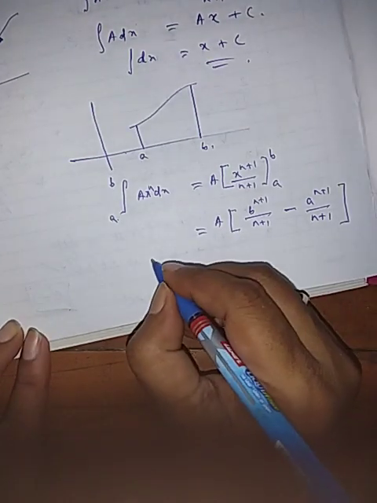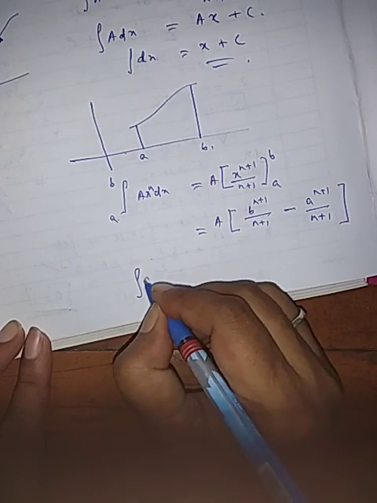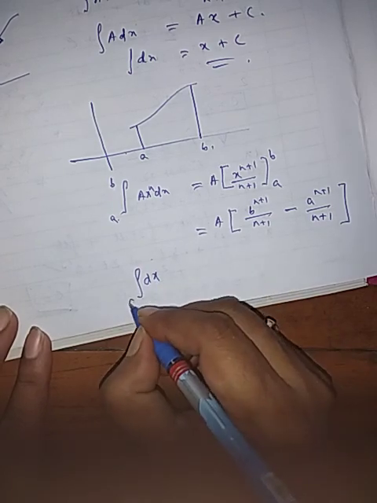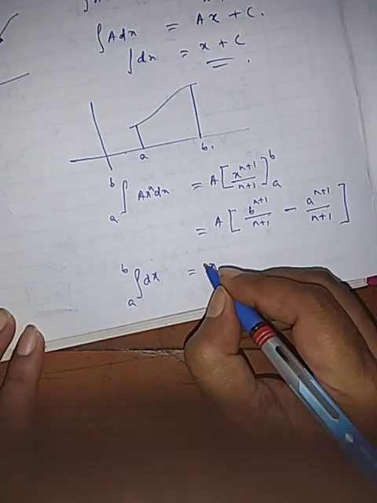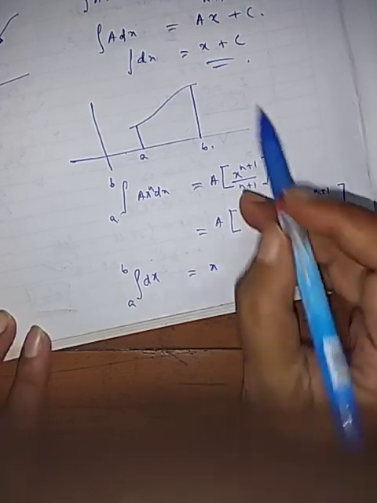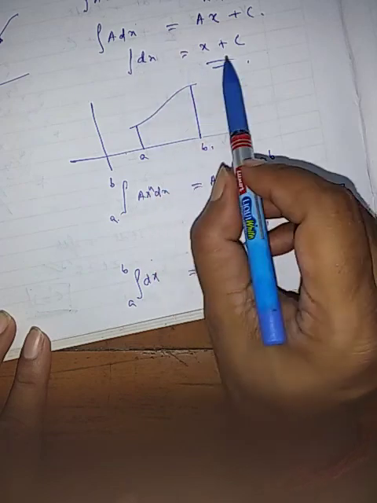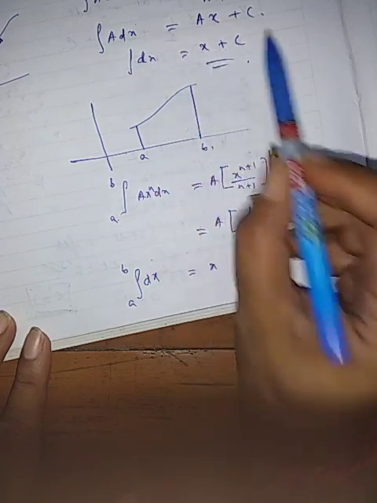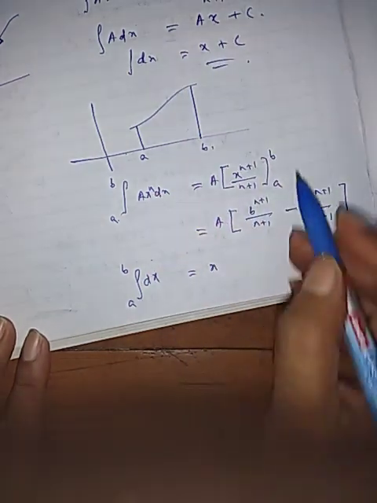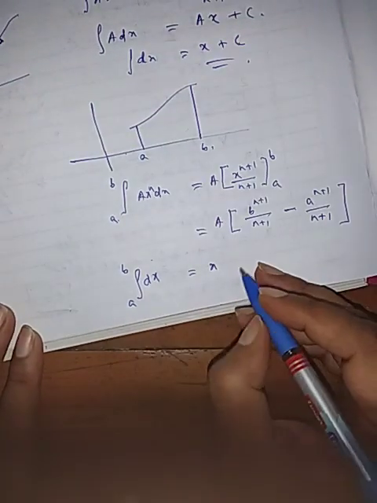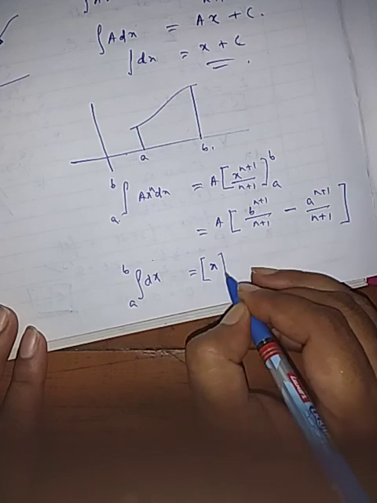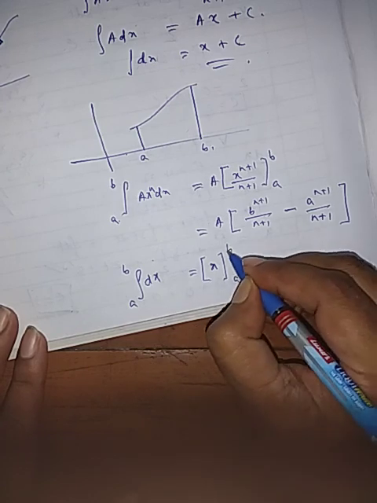One more example, if dx is integrated from a to b, the integration of dx is x. You can see here, integration of dx is x plus c. But in definite integration, this constant term is not used. This gets vanished, and your limit is a to b.